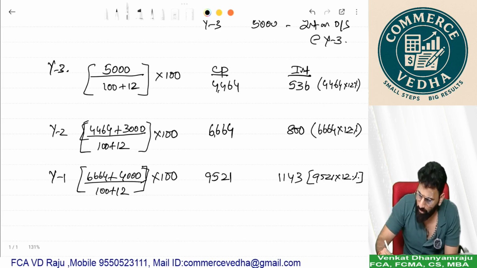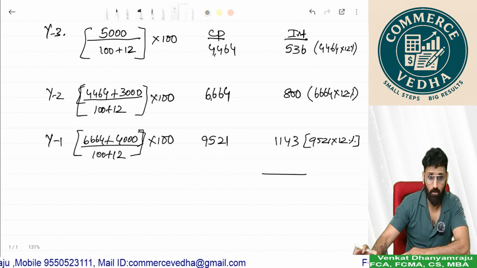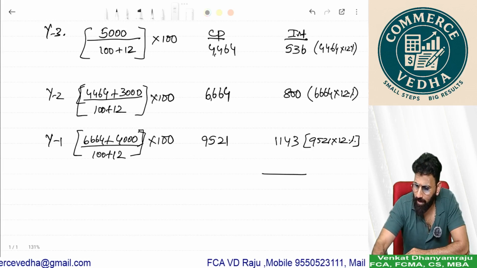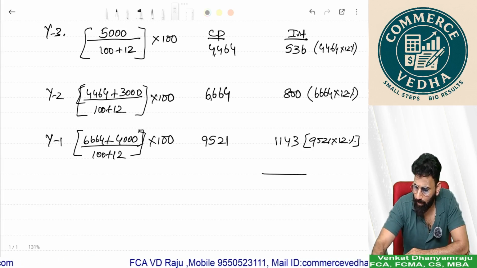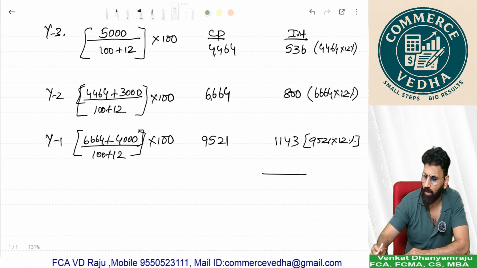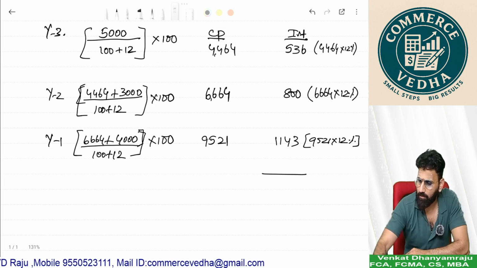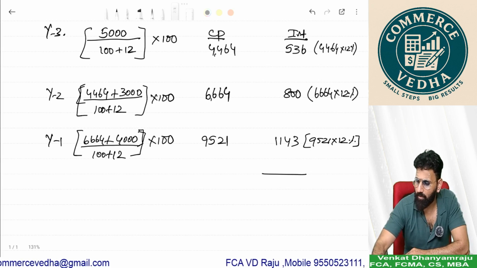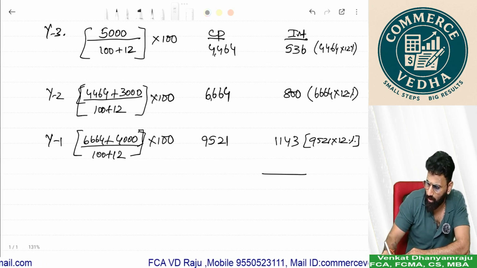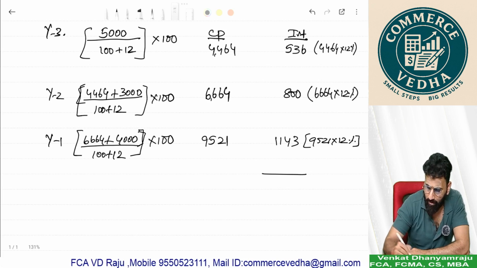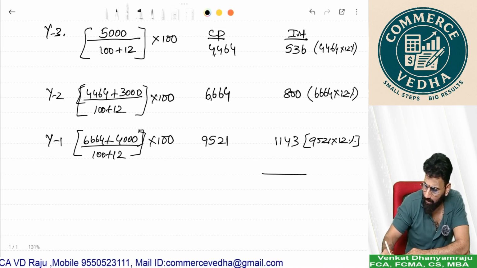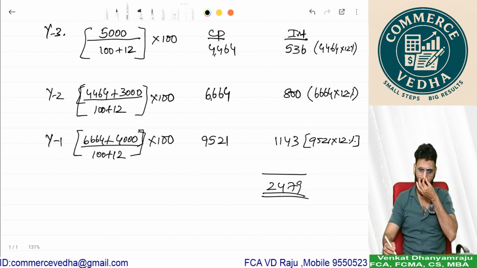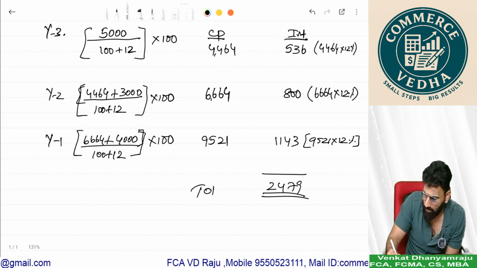Now your total interest is 536 plus 800 plus 1143. Total interest is 2479. 2479 is the total interest.